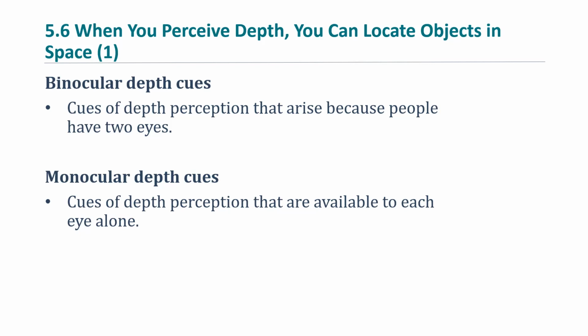You need to use both eyes in order to use a binocular depth cue. Binocular depth cues tend to help us judge the distance for things that are not far away. Things within a few yards, especially things that are in close proximity.